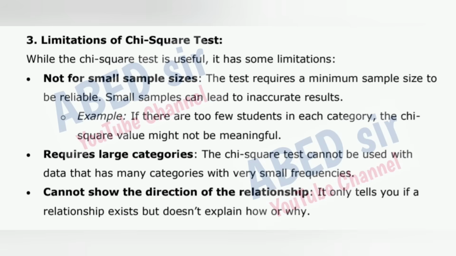Example, if there are too few students in each category, the Chi-square value might not be meaningful. Requires large categories. The Chi-square test cannot be used with data that has many categories with very small frequencies. Cannot show the direction of the relationship. It only tells you if a relationship exists but doesn't explain how or why.